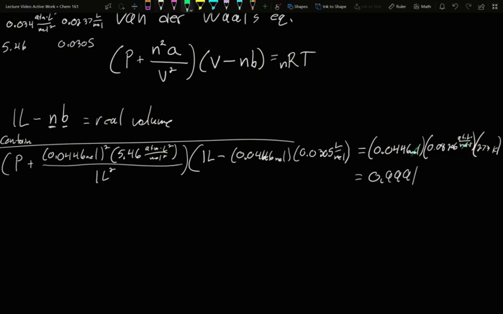The moles will cancel, kelvins will cancel. This will be in atmosphere liters. As to our other side, we'll end up with 1 liter minus 0.00136. The moles will cancel, so it'll just be liters on this component, which means really this comes out at 0.99864 liter.